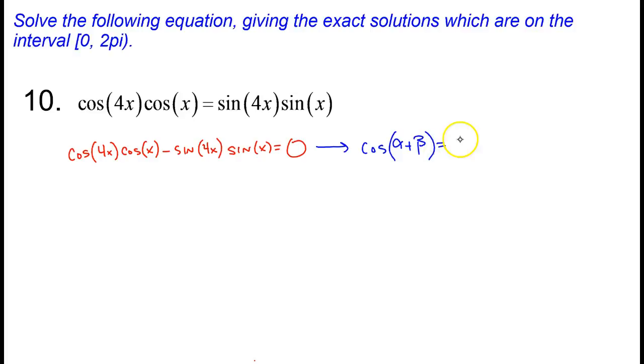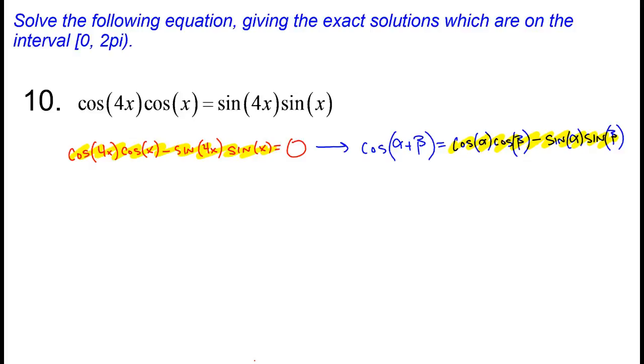Remember, the cosine of alpha plus beta is cosine alpha times cosine beta minus sine alpha times sine beta. So in this example, the cosine alpha times cosine beta minus sine alpha times sine beta is what we have here.